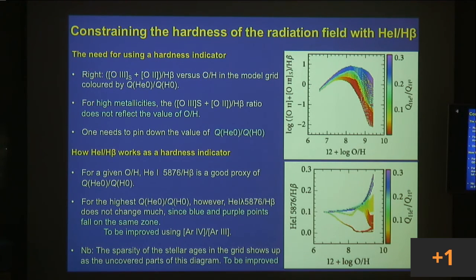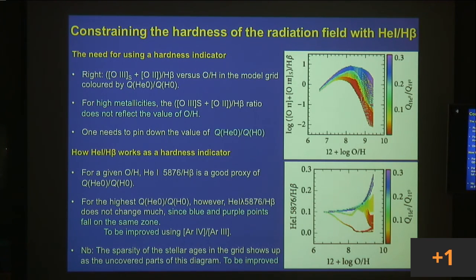And here I'm showing how helium-1 can work as a hardness indicator. So this is helium-1 to H-beta as a function of this, again colored by hardness. And you see that for a given O/H, this gives you roughly an idea of the hardness.